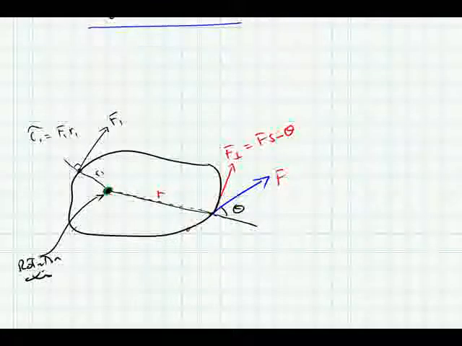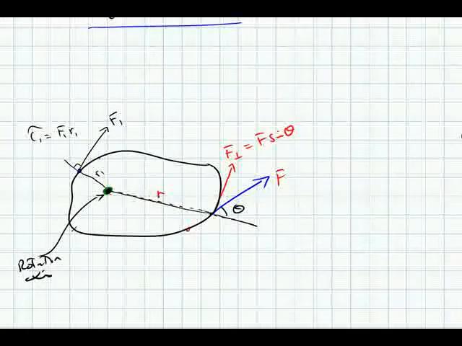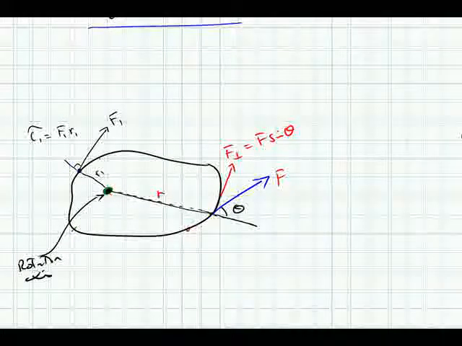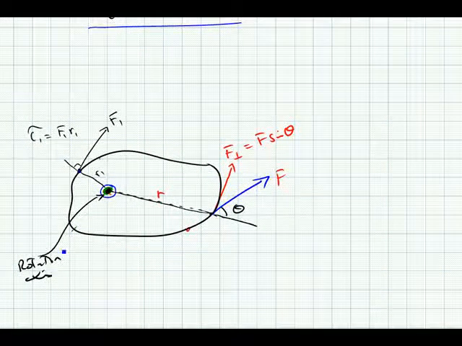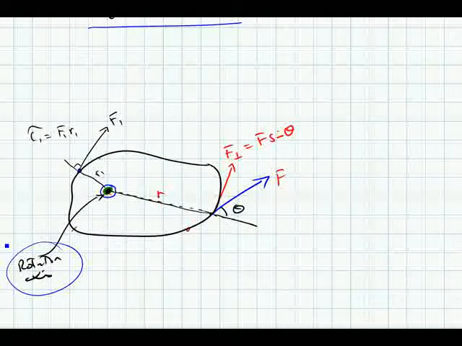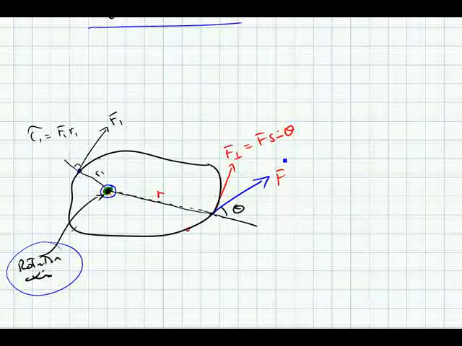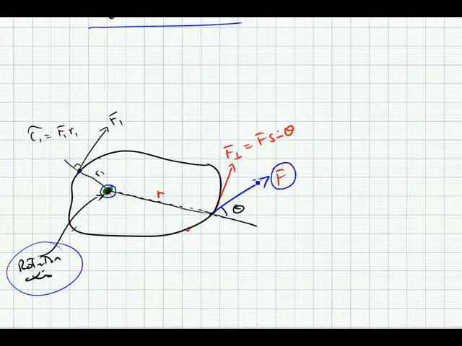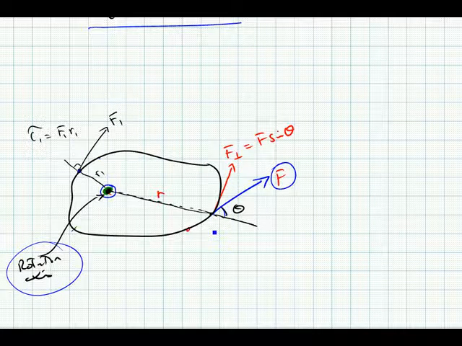So in analyzing rotational motion, let's say we have our rigid object here, once again the potato. You need to know where your rotation axis is. Once again, the rotation axis in this case is into the board. And let's say that we have a force F on the right hand side, which is applied at some angle theta with respect to the radial line.